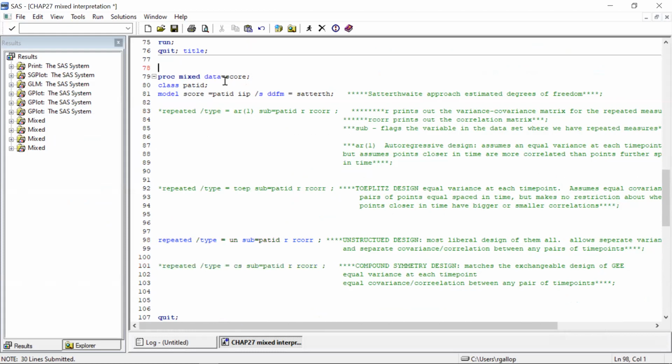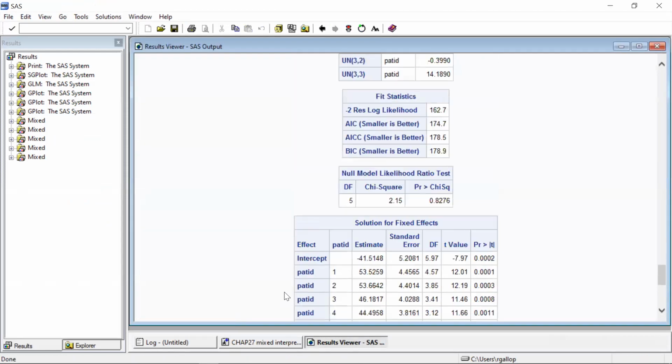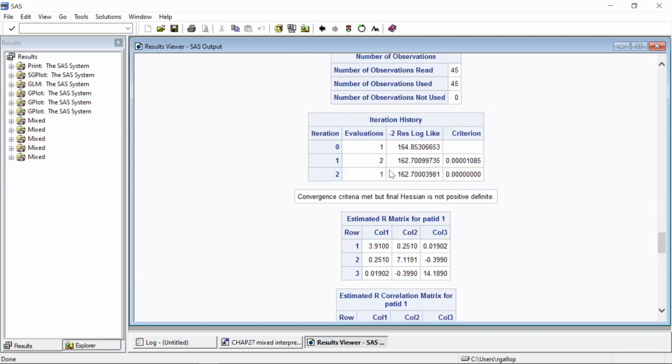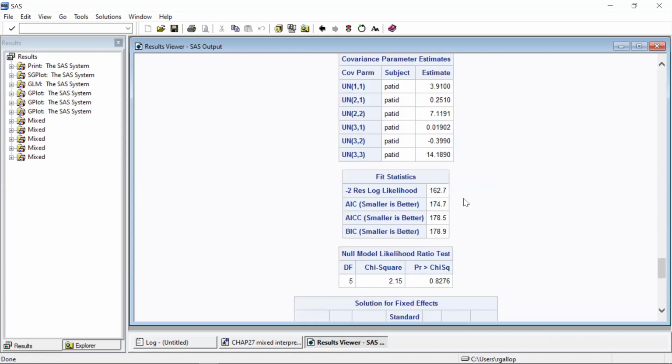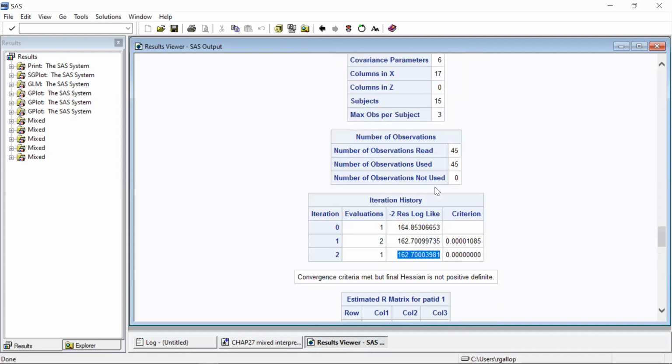When I run the unstructured, we get right here the minus 2 restricted log likelihood, to more decimals even here. But the big thing for us is you need something to compare it to. And so in this case, the model I'm going to compare it to, and before I even jump in, that's the minus 2 restricted log likelihood.